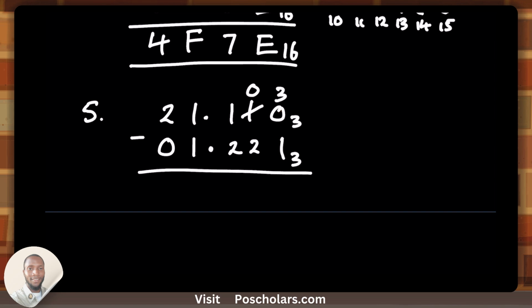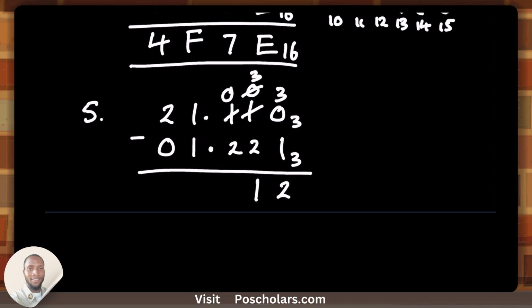Now you can subtract by saying 3 minus 1, which gives 2. Next, 0 minus 2. This is impossible. You borrow 1 from this one, which reduces to 0. The one you borrowed takes the value of 3, which is added to this 0. 3 plus 0 gives 3. Now you can subtract. 3 minus 2 gives 1.